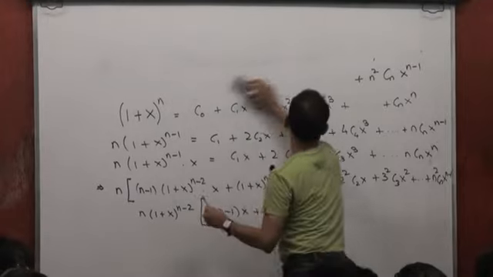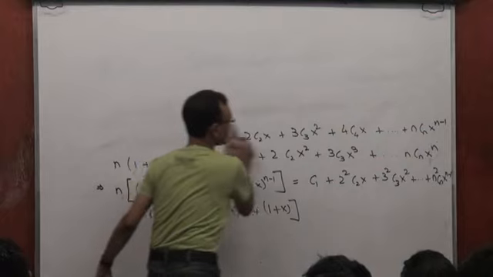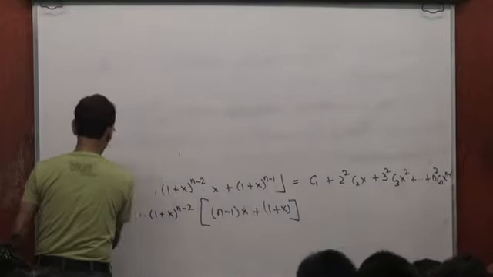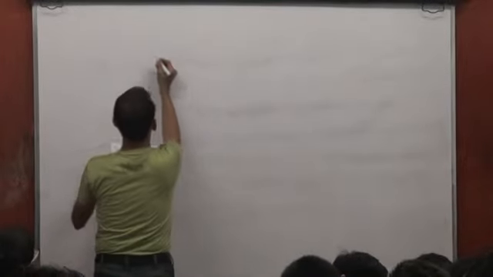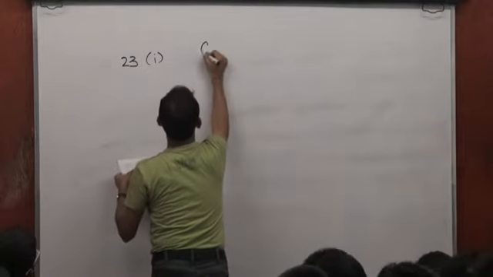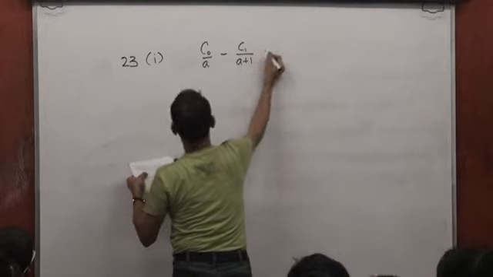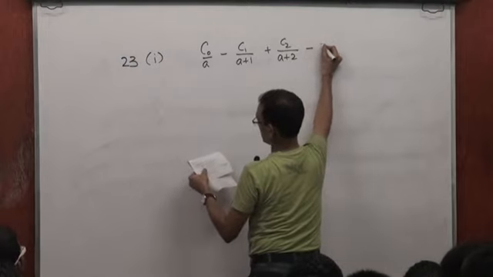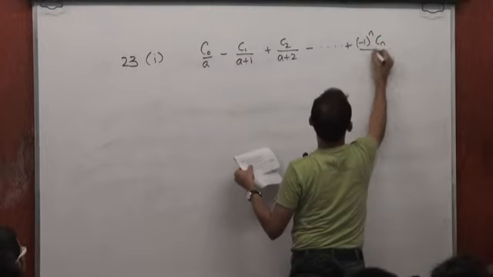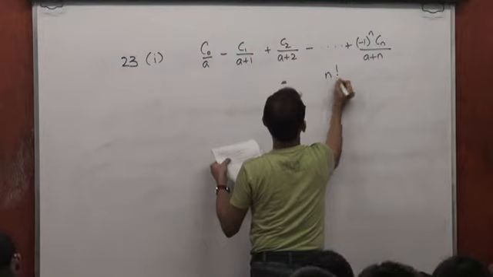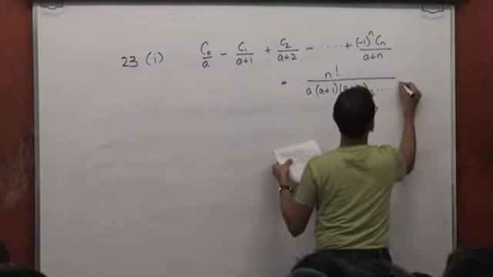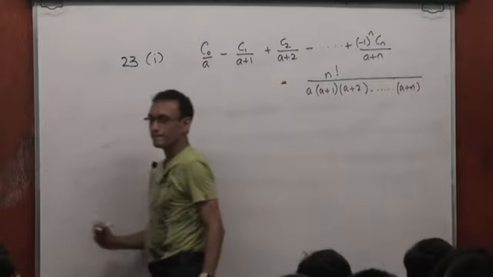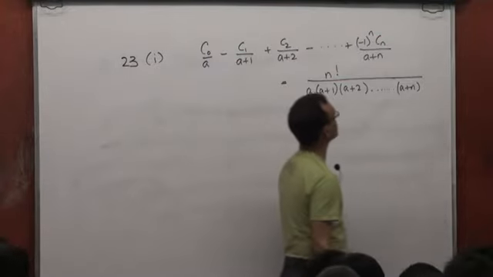C naught by a minus C1 by a plus 1 plus C2 by a plus 2 minus etc., Cn by a plus n is this.